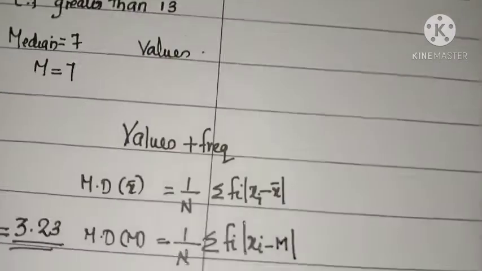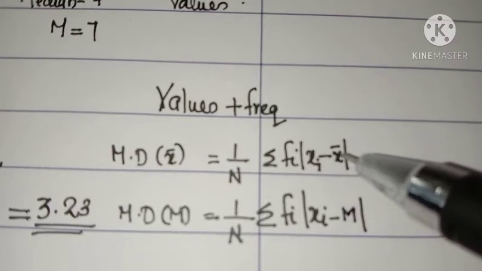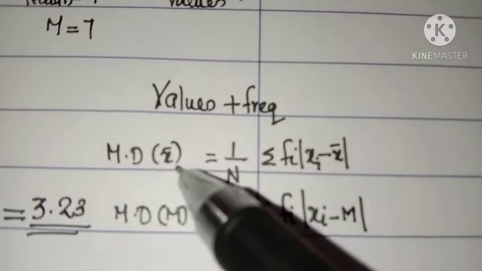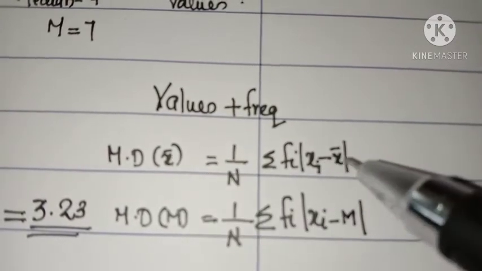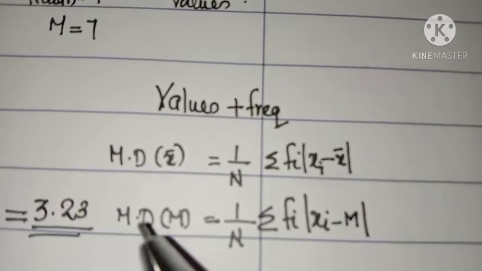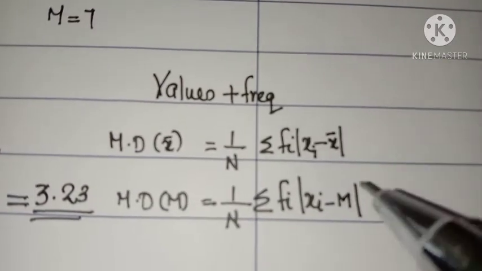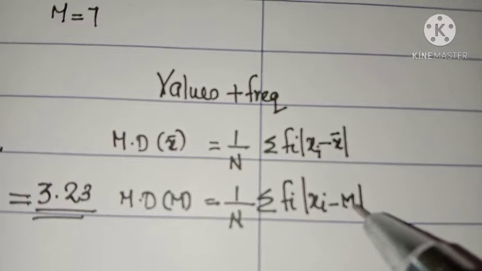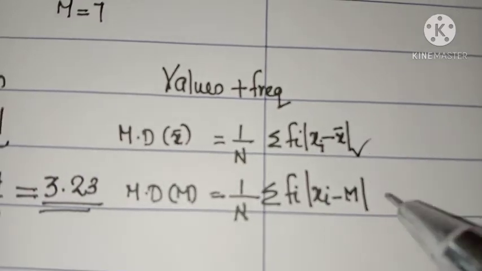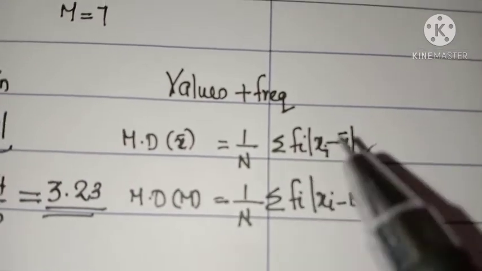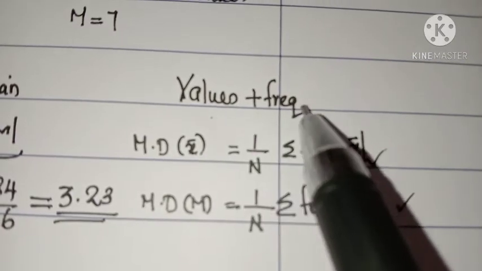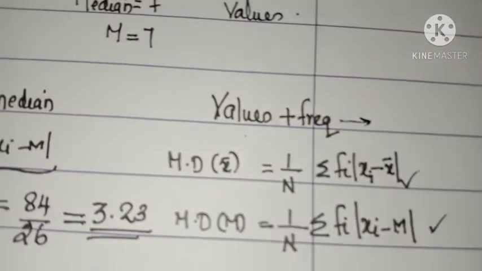See, there is only one change here. If it is about mean, then we have to use x bar. If it is about median, we have to write m. M stands for median. So these two are used when values and frequencies are given.